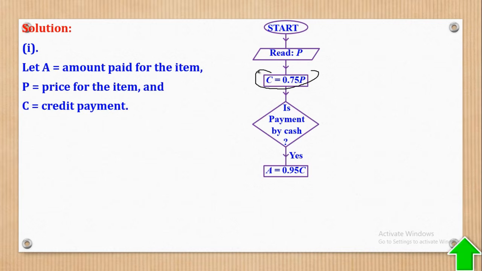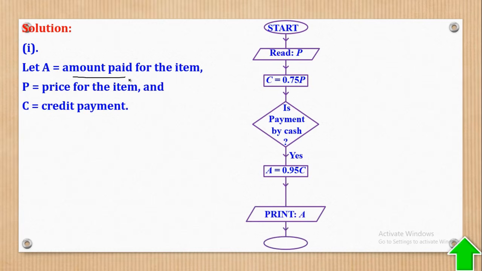Now that 0.95 is of this new price. That is why you see here A is equal to 0.95C. And there you can now print the amount paid for the item, and you can stop.